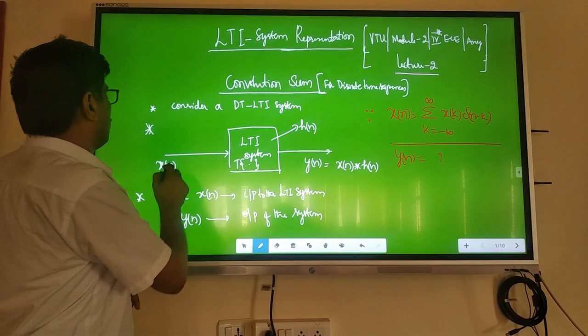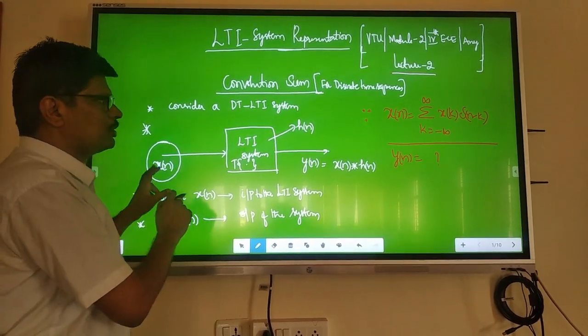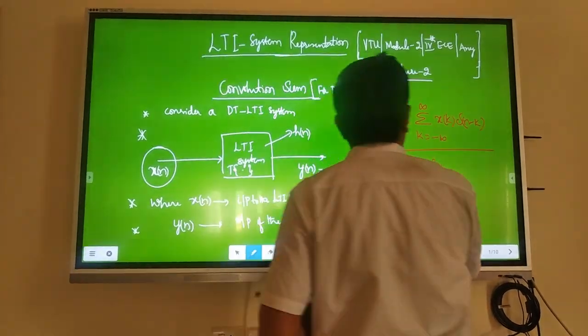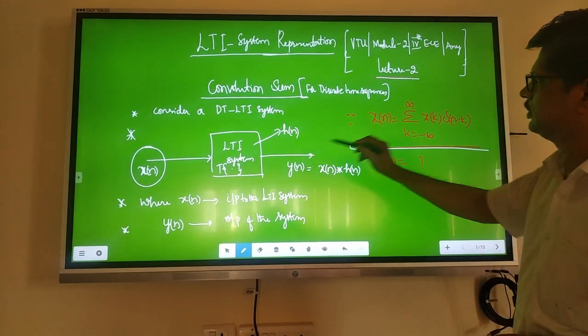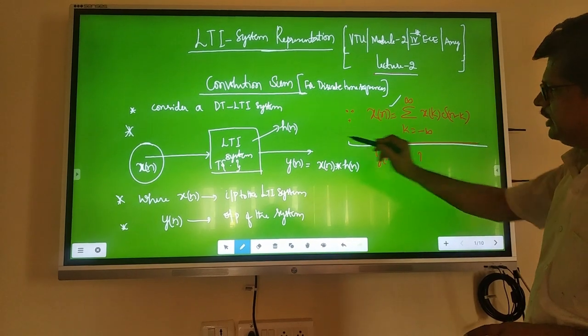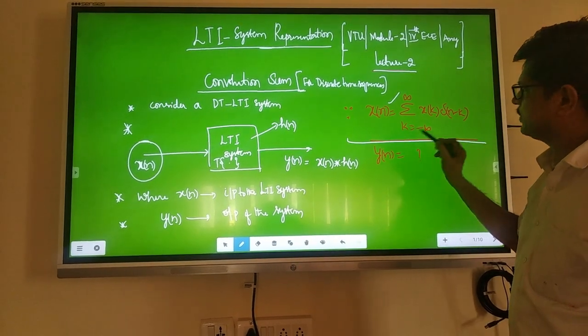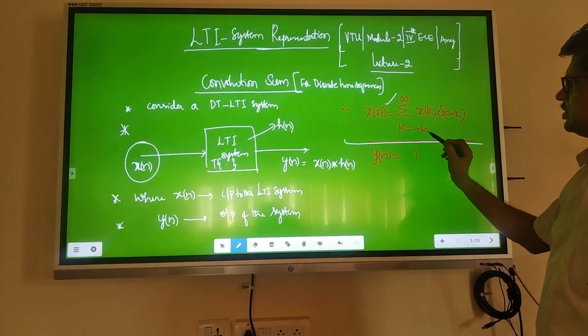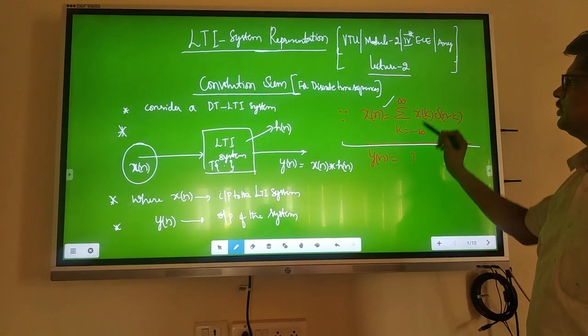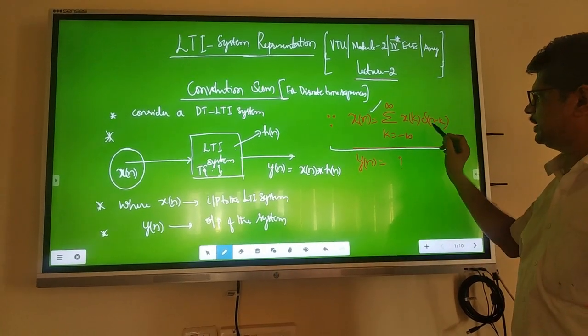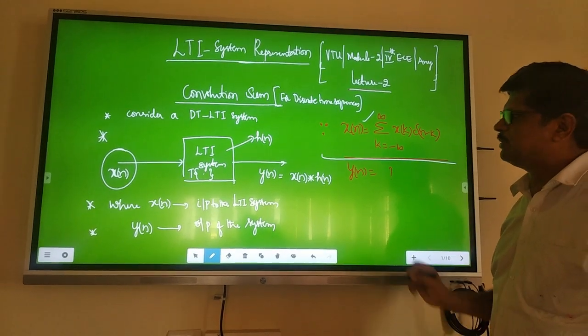We showed last class how to represent x of n in terms of shifted impulses using this equation: summation from k equals minus infinity to plus infinity of x of k delta of n minus k.